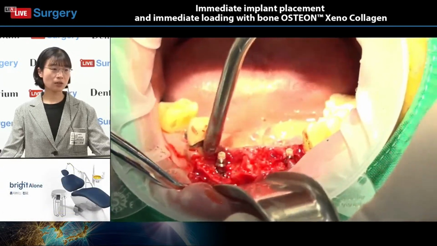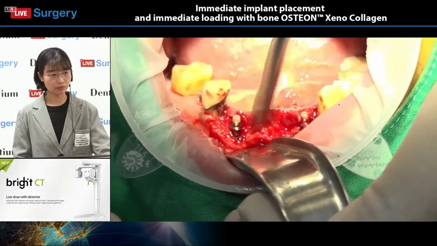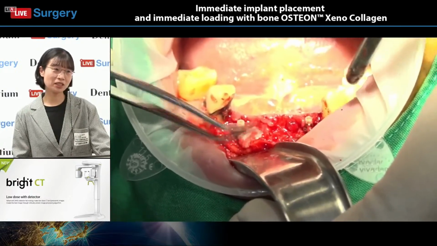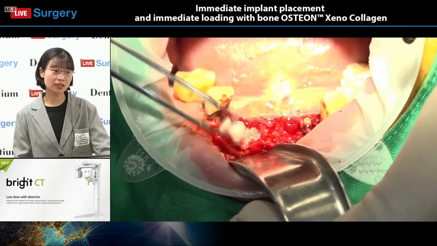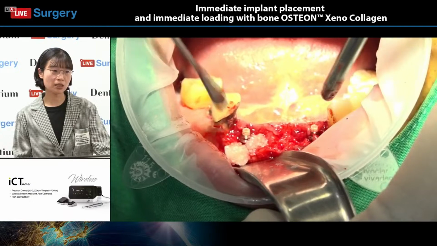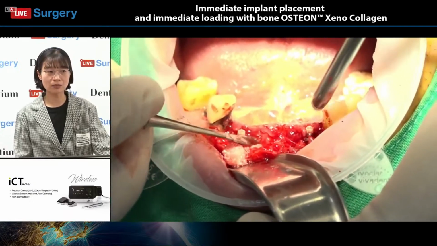Okay, now it's time for the GBR. Good. He is using the OSTEON Xeno collagen. Look at this, because it looks like black bone, but that is not a black bone.